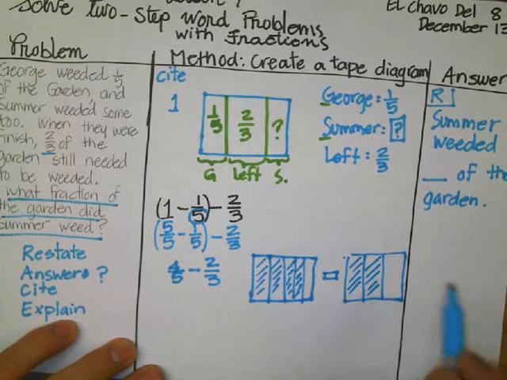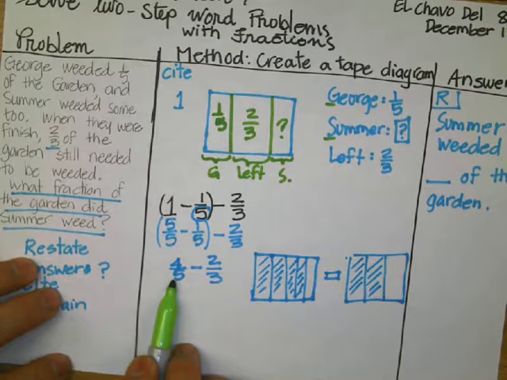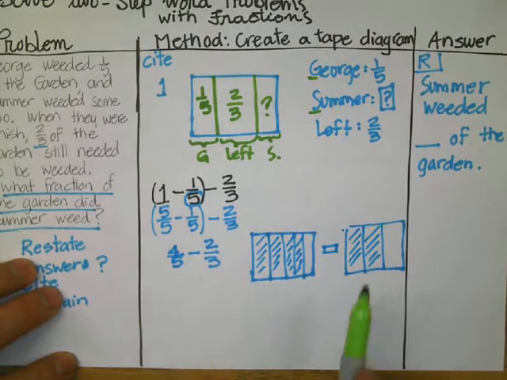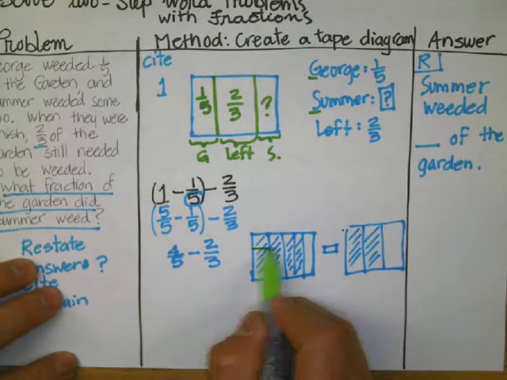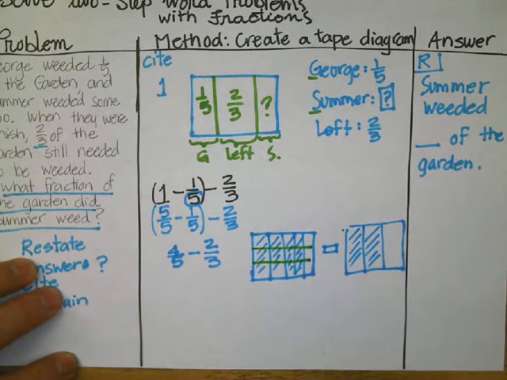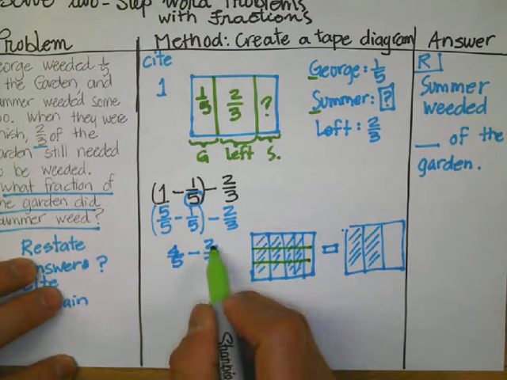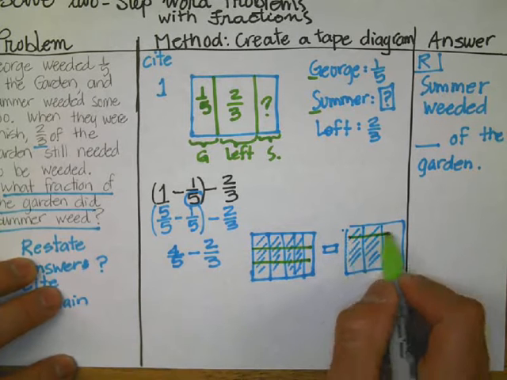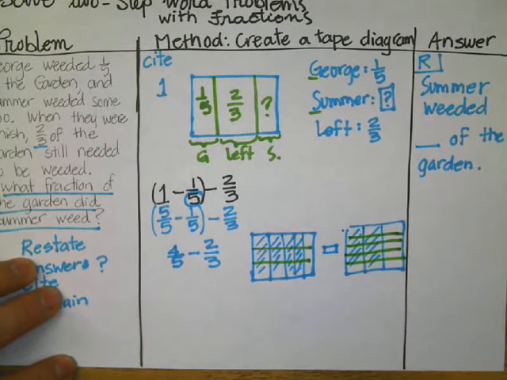Now remember our next step: if this denominator is 5 parts, then we have to multiply by the other 3 parts, and there you have it. We're going to do the same thing to the 2/3. If this is 3 parts, now we have to divide it into 5 parts. Okay, my friends, so we found the equivalent fractions.